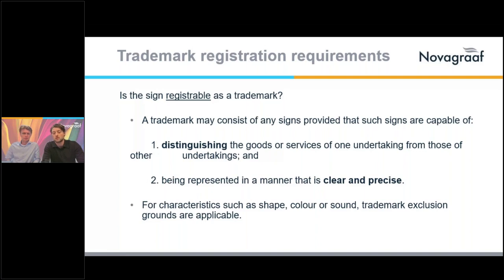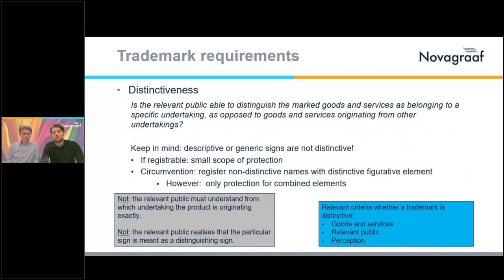And please note that for characteristics such as shape, color, and sound, some trademark exclusion grounds are applicable. So if you do decide to use these signs as a trademark or wish to register such, please seek professional advice. And the most important requirement is the distinctiveness of the trademark.